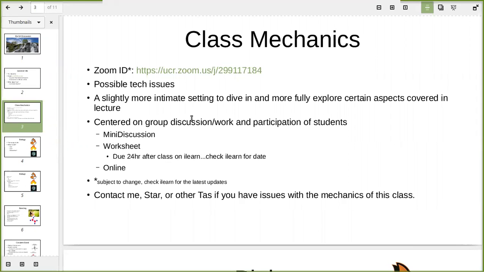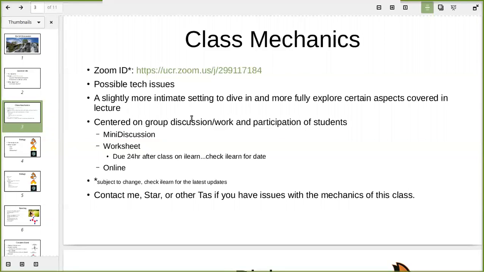Then we'll turn on the worksheet, an assignment you'll be responsible for turning in on iLearn. You upload it through iLearn about 24 hours after this class, and you could check iLearn for the specific due date. Those two broad activities should encompass the discussion, at least for now.